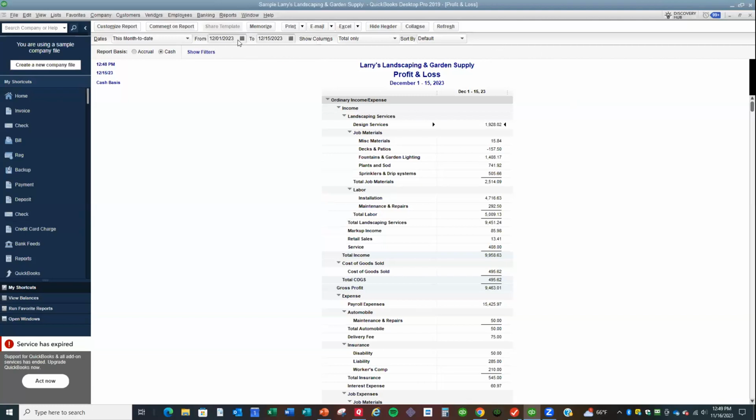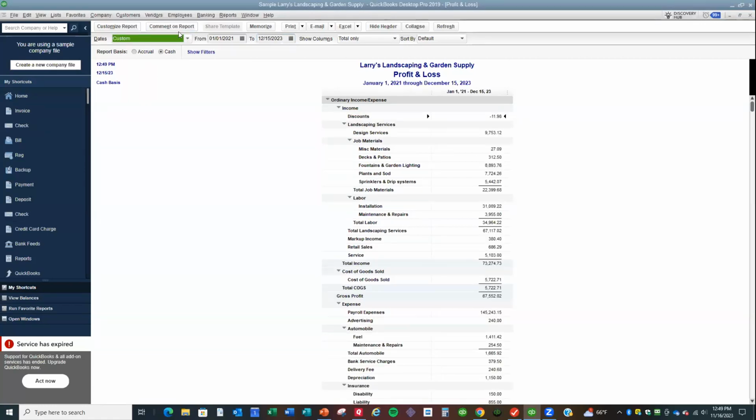I'm just going to use this profit and loss as a test ground so we can see some of the customization that you can do. I'll bring it back to 01/01/21 to today, today in Larry's world. Okay, so you can do a lot of dates here.